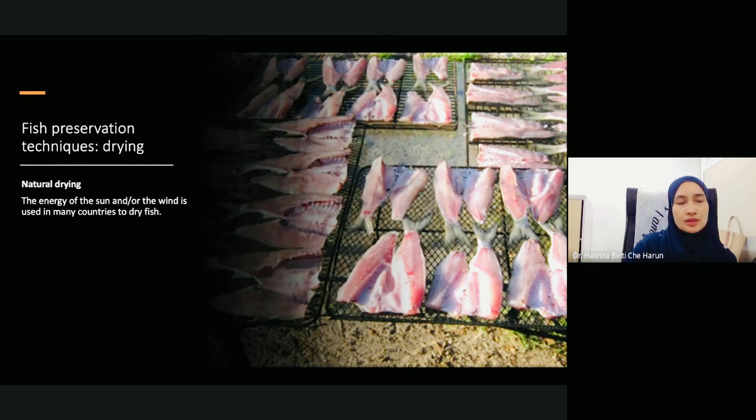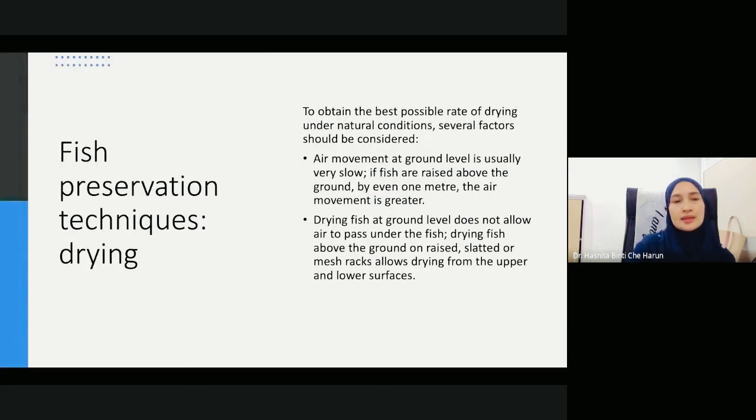So this is the lowest cost drying technique, if you use energy from the sun, or you could also use wind to dry the fish, and of course this is the lowest cost to do the drying process.